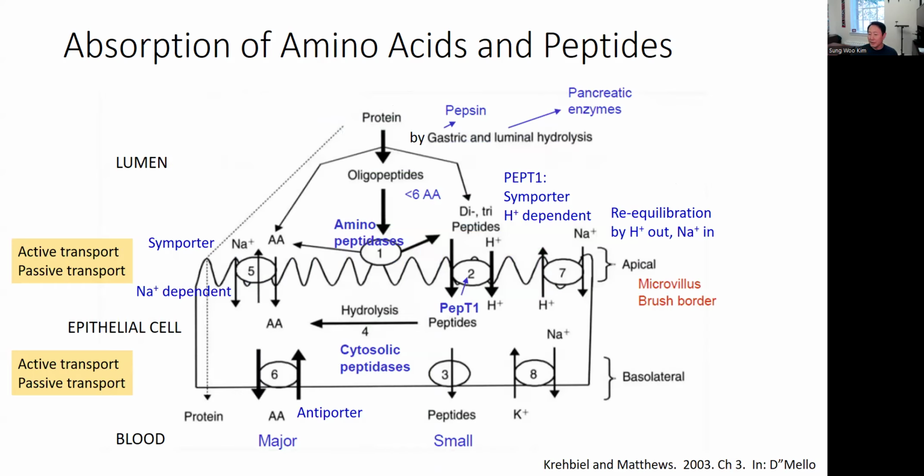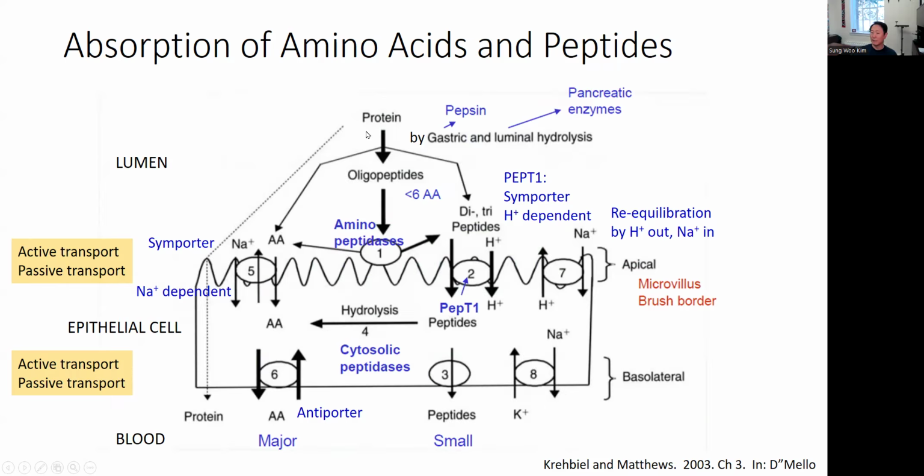All right, let me show you overall how this works. We already learned how protein is digested to single amino acids. There are many proteases working here. Also, protein can be partially digested and become oligopeptides, or be digested a little further to dipeptides and tripeptides.